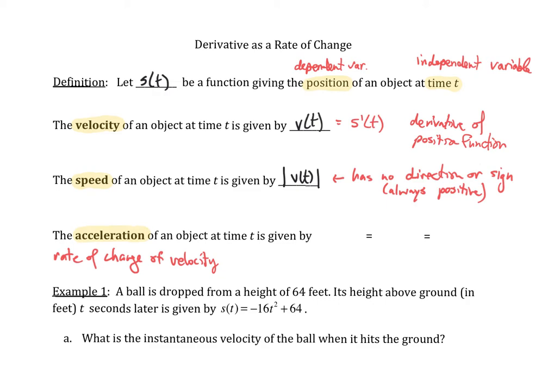Acceleration is described as a of t, and that's equal to the derivative of the velocity, which is equal to the second derivative of the position.